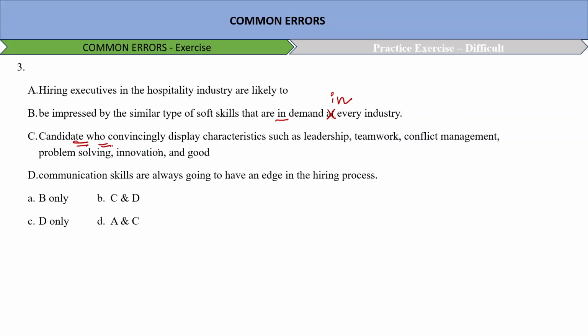Candidate who convincingly display characteristics is always going to have an edge in the hiring process. We are talking about candidate, and this verb is used for candidate and not the skills which are being discussed here. So the correct answer is option number D, which means sentence B is incorrect, D is incorrect. A and C are correct answers.